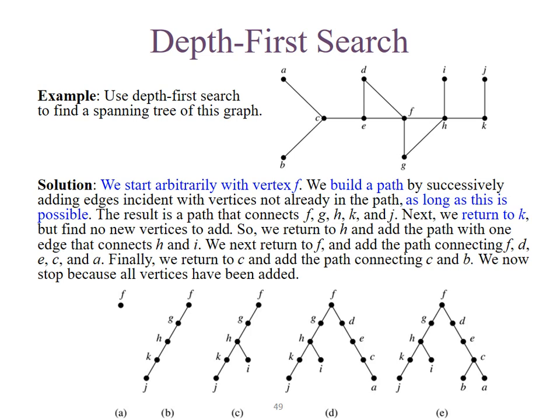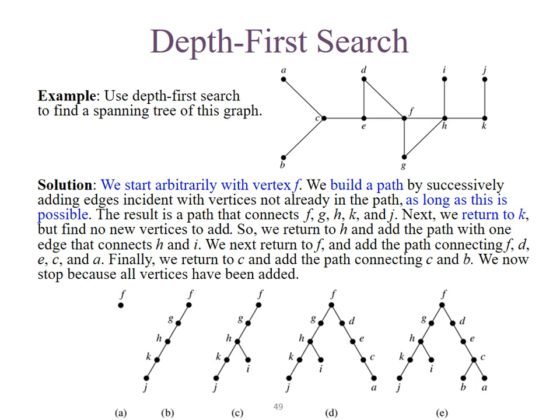Next, let's see the first algorithm to help us discover the spanning tree: depth first search. Okay, so let's see this example, how we construct a very, very long path. Okay, so we call this depth first search.